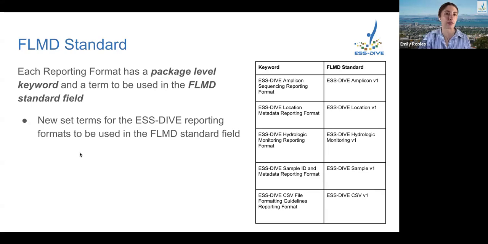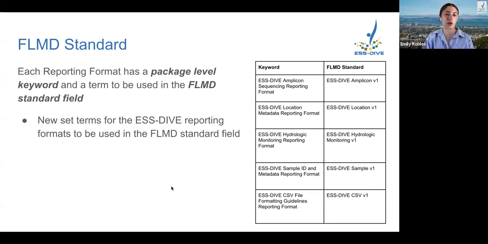So right now, the FLMD standard field is not being used by the Fusion database. Creating a controlled list of vocabulary for this field comes both out of confusion and recommendation from users, but also looking into the future, a need to identify specific files of specific reporting formats.